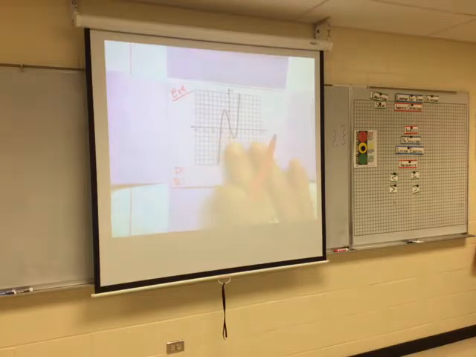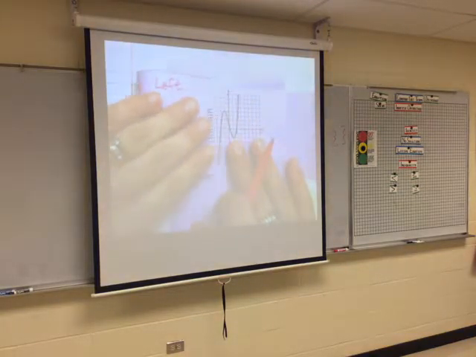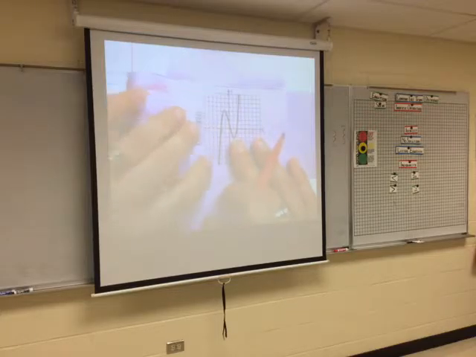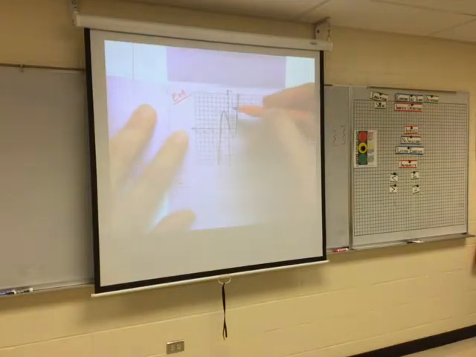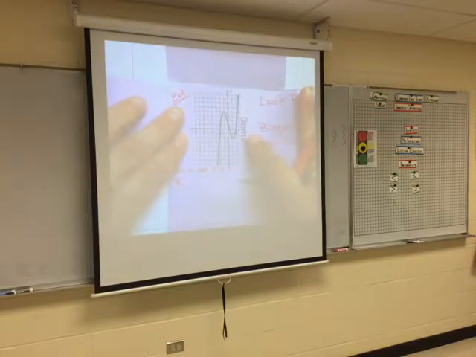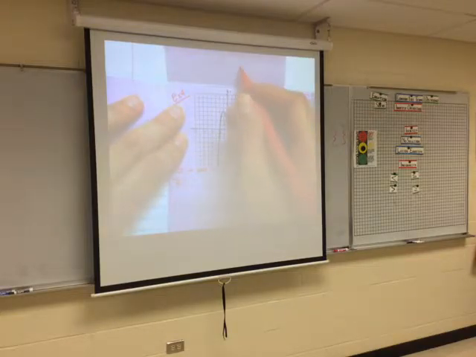Alright, so we're going to start with domain. On the left, what's my smallest x value? Negative infinity, because it keeps going down and to the left, right? So negative infinity is less than x. And on the right side, what's my biggest x value? Positive infinity, because it keeps going up and to the right.